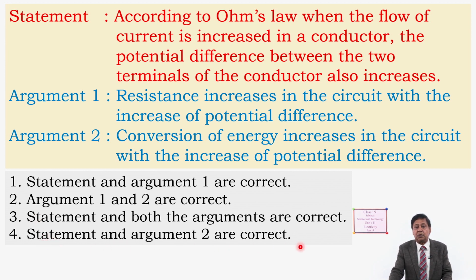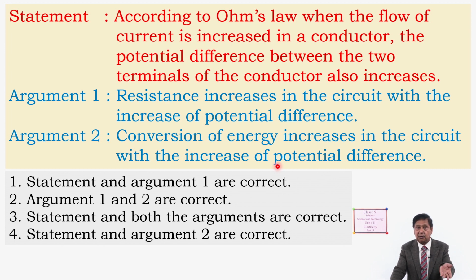Statement and argument 2 are correct. We haven't seen this argument 2 yet: conversion of energy increases in the circuit with the increase of potential difference. Yes, just before this, in the experiment, what was seen? When we used more cells, the potential difference was found to be increased, and at that time the bulb was glowing brighter and brighter.